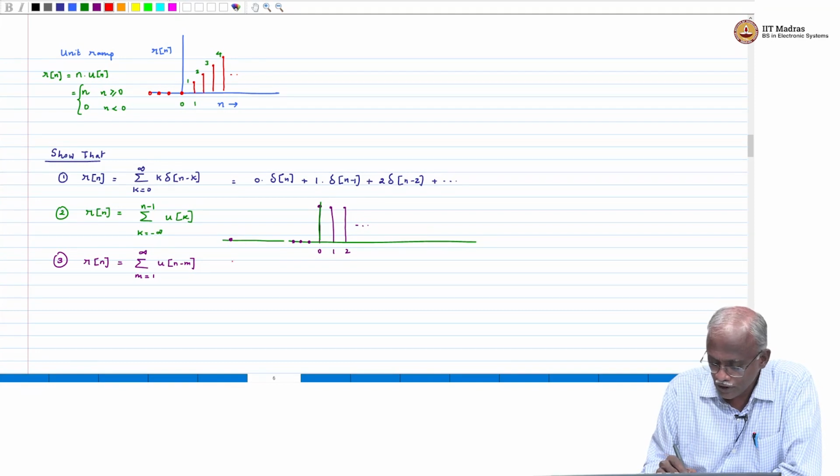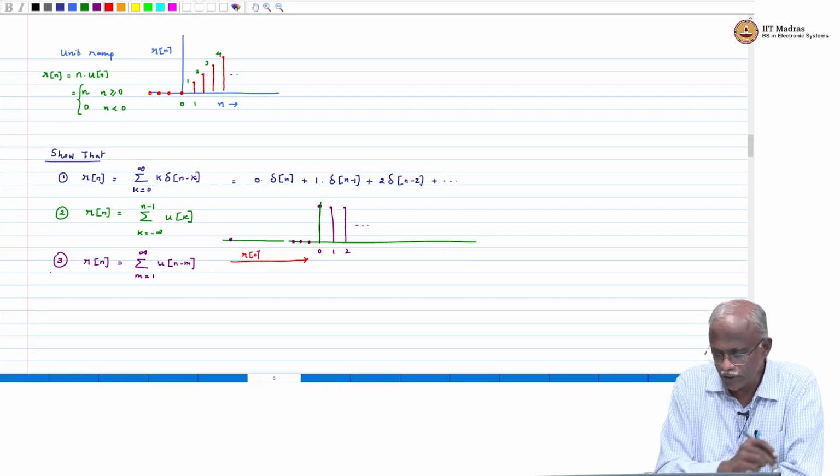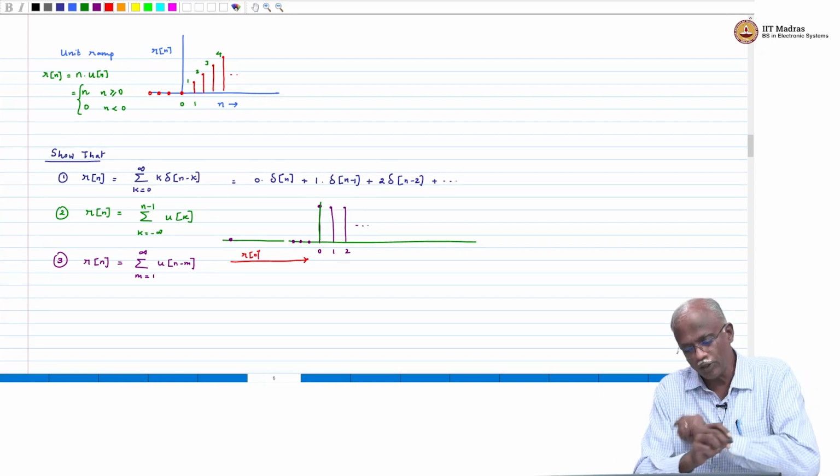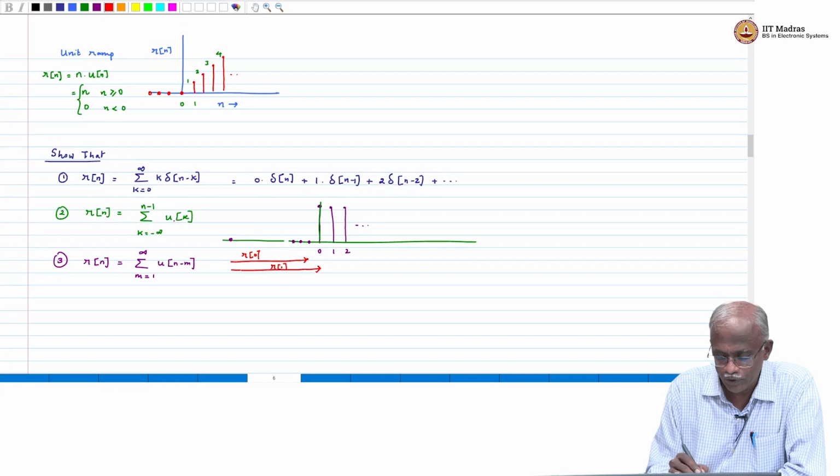So, R of 0 is a summation all the way up to n equal to minus 1. Notice that it has been summing over all 0 valued samples. Then R of 1 will go all the way to n equal to 0. Notice there is one non-zero value, so that will give you a sample value of 1 for R of 1.